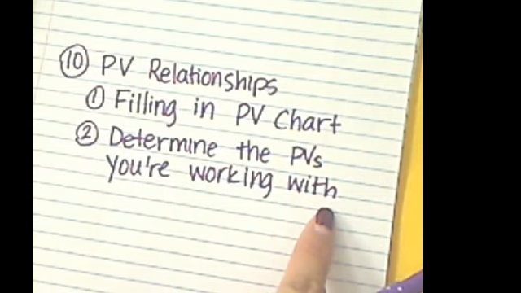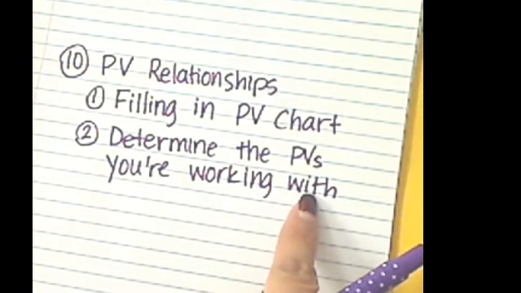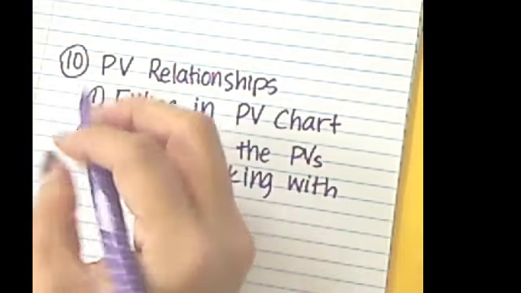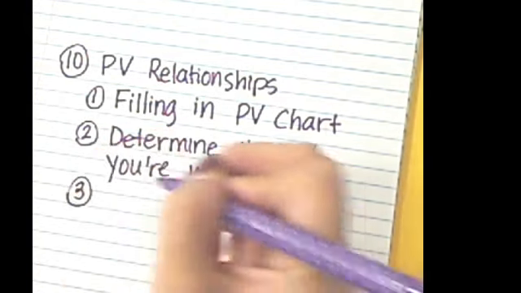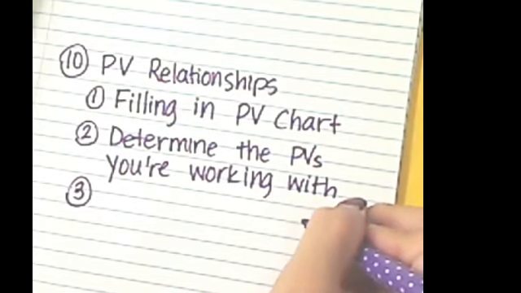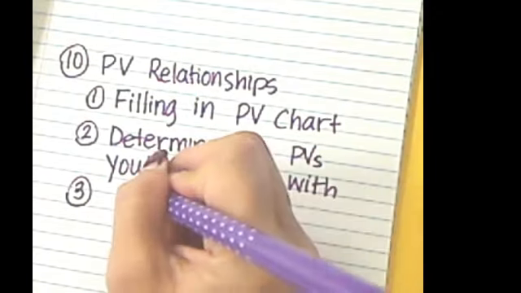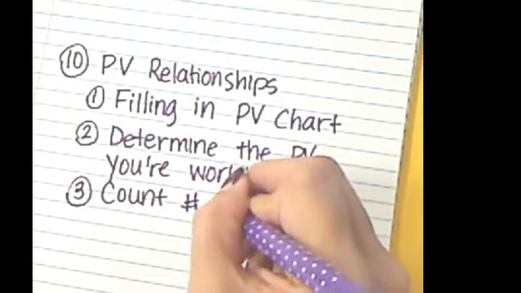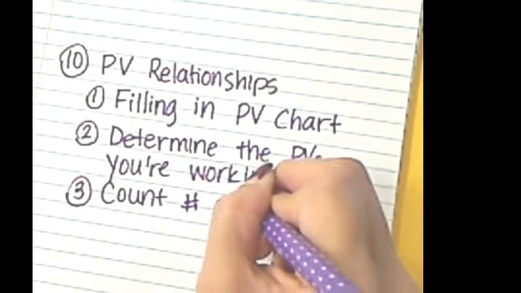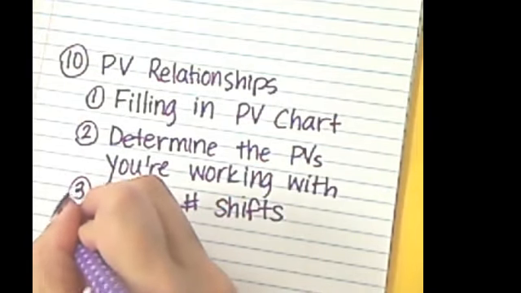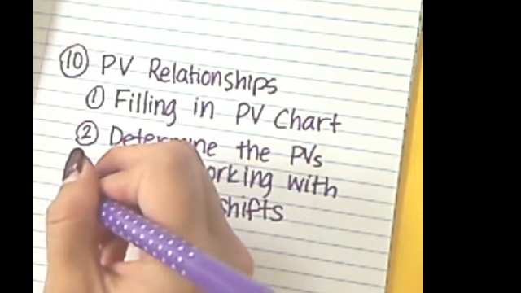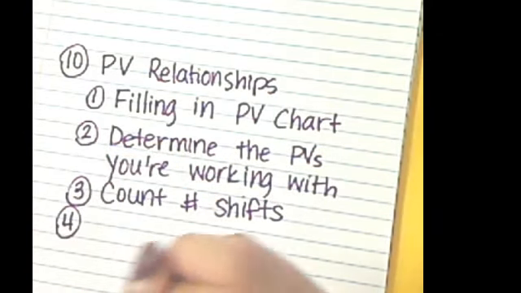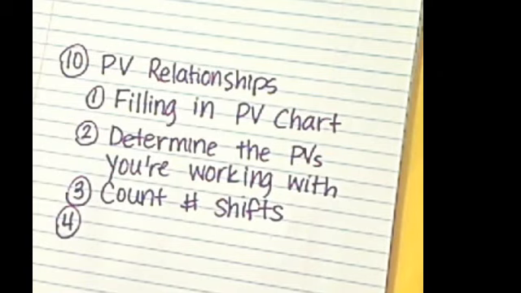After you've determined what you're working with, then you need to count your number of shifts. How many shifts will it take to get from one place value to the next? Count the number of shifts. Once you've figured out how many place values you shift over to get from one to the other, then you'll know what your answer is going to look like.